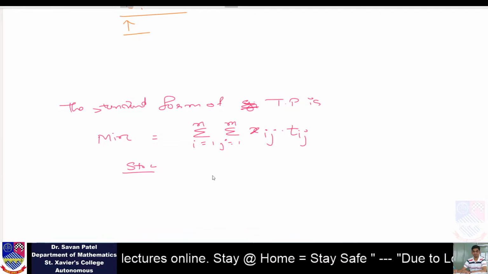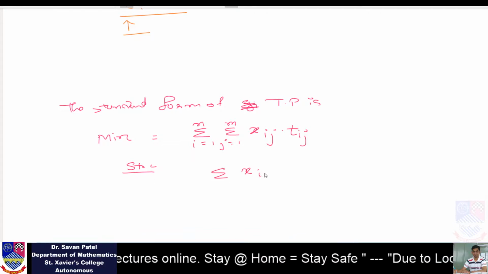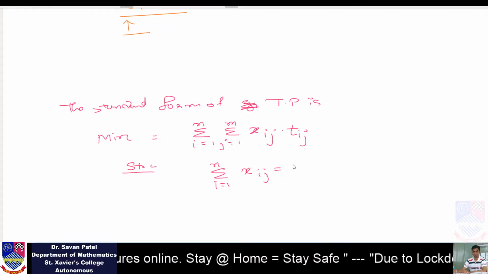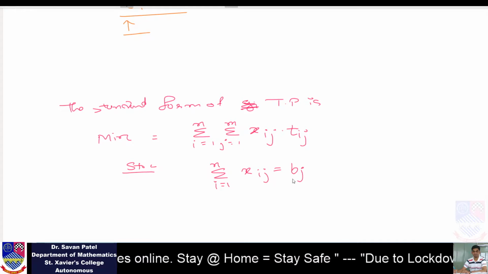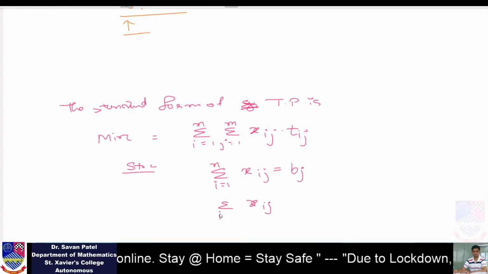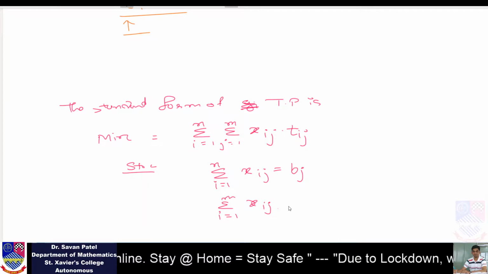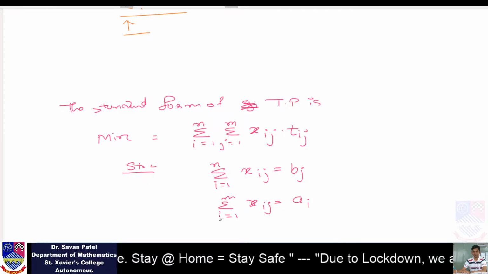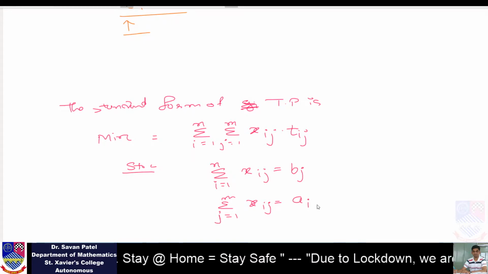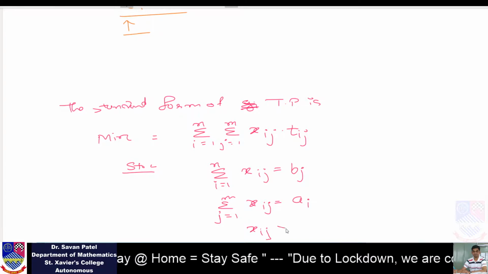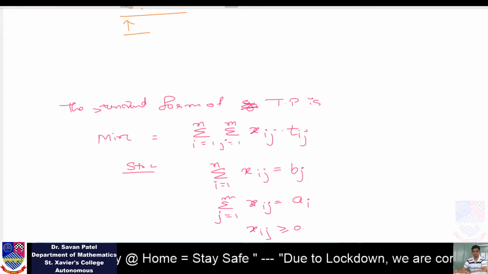And subject to constraints, summation of x_ij, i equals 1 to m, is b_j, and summation x_ij, j equals 1 to n, is a_i, with of course your x_ij's greater than or equal to 0.